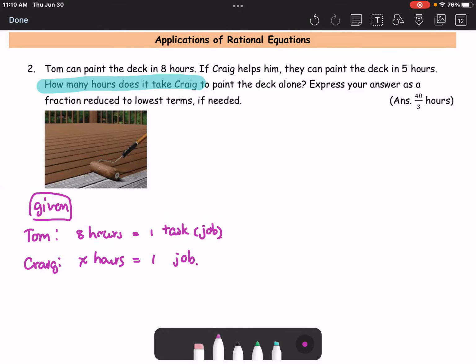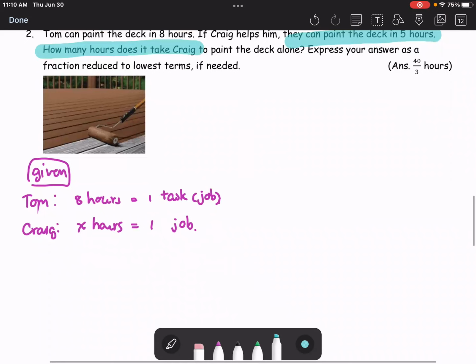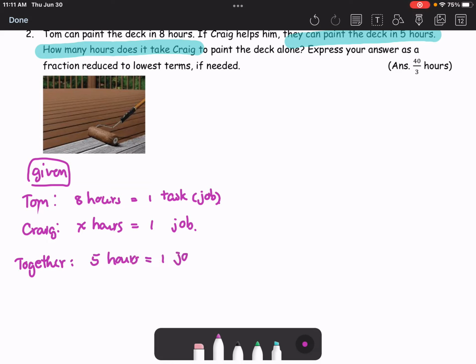Another piece of information is that together they can finish it in 5 hours. So we put the note over here, together, takes 5 hours to get the job done.